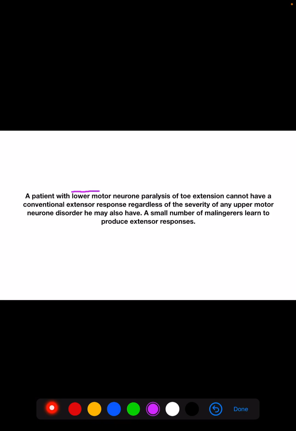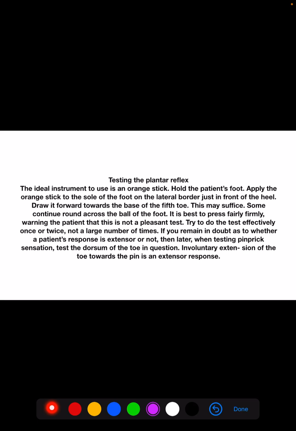And a small number of malingerers learn to produce the extensor response.